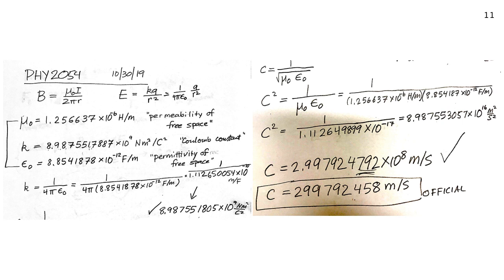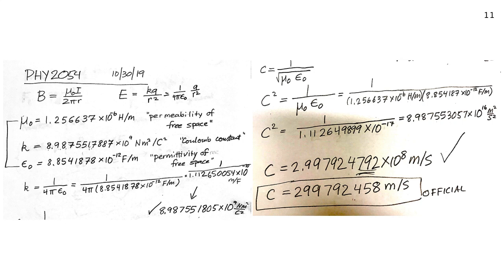And this is known as the permittivity of free space. Okay, so another 1800s vocabulary phrase there.